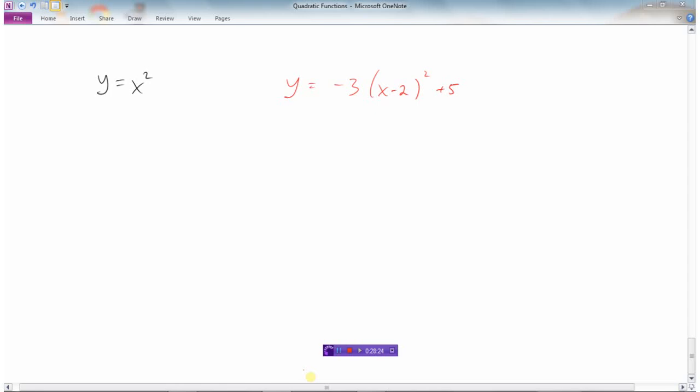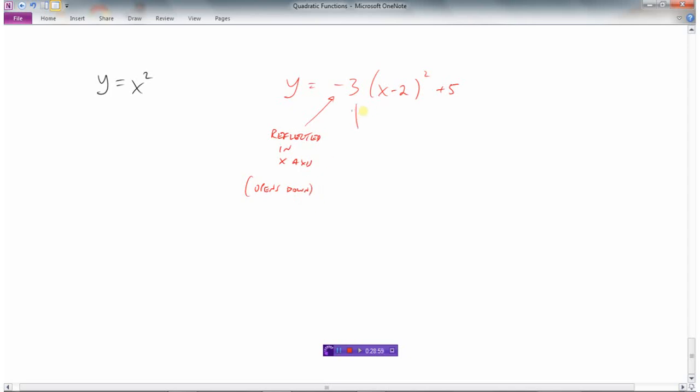So then just to summarize, we were asked to compare the graph of y equals negative 3 times x plus 2 squared plus 5 with the original graph y equals x squared. We would now know that this graph would be reflected in x, because the negative sign is going to flip it upside down. So in other words, it'll open down instead of up.